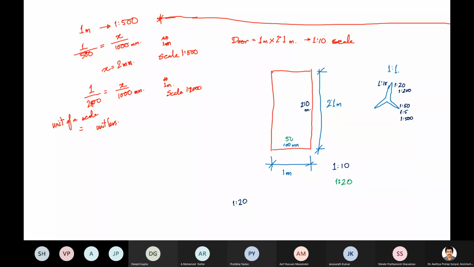Yes, 50 mm. Don't jump at answers, Asif. Okay, how much will this one be? 50 mm. The vertical, 105, right?